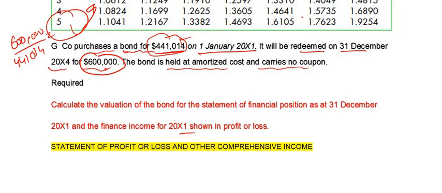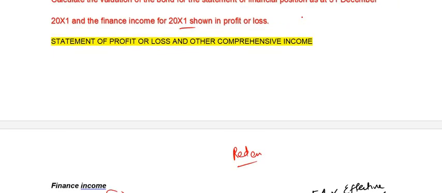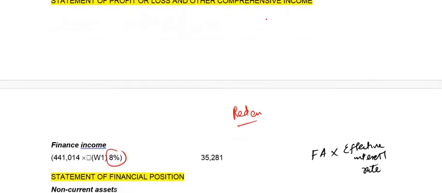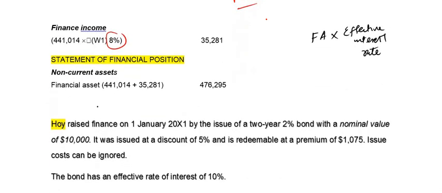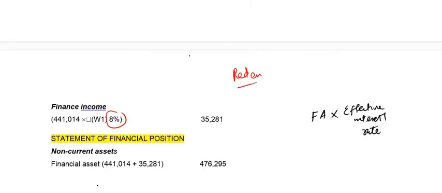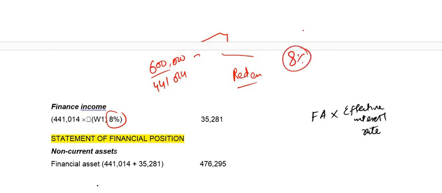So the redeem value is 6,600, let's just say 600, and then the other value you will use here. Let me show you here. You see here, the redeem value is 6,600 divided by the purchase value, and you will get a value, and that will be the rate in the discount tables.